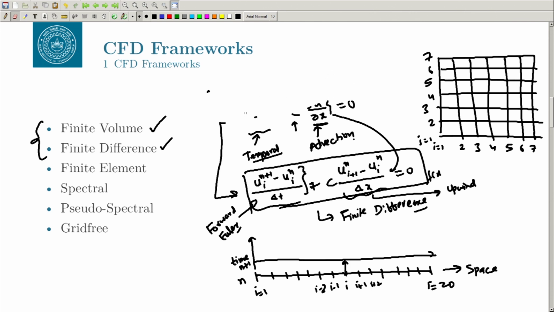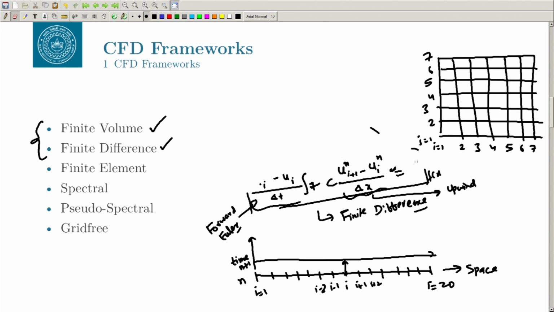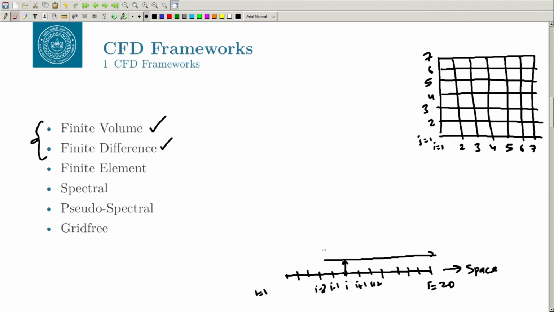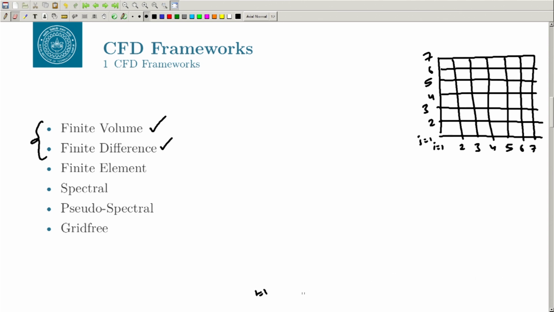Let us say if we talk about the problem that we have been discussing, okay, the lid driven cavity. So, let us think about that problem. So, your governing equation would be the physical equation that you have, maybe the Navier-Stokes equations, okay, and we will look at the different forms of Navier-Stokes equations later, okay, and you discretize, you calculate the derivative in each direction, put the boundary conditions.